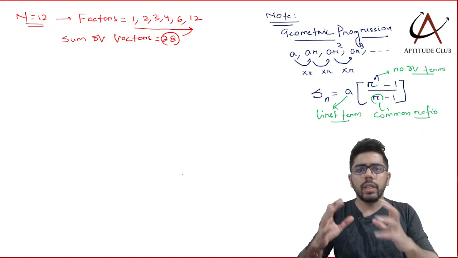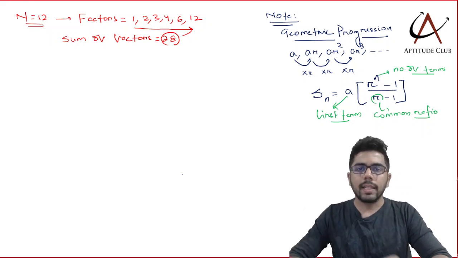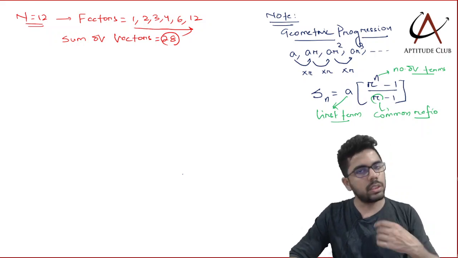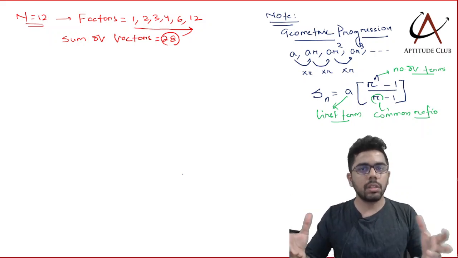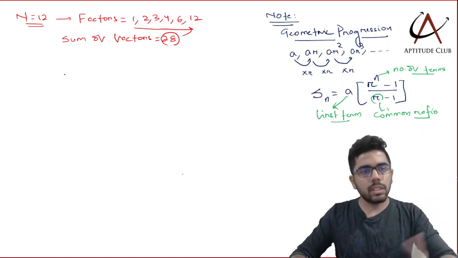So this is one way of getting the sum of factors: you calculate all the factors and then add them individually. But this is not possible, of course, if you have a bigger number. So how do you calculate in case of a bigger number? There is another way of looking at it.